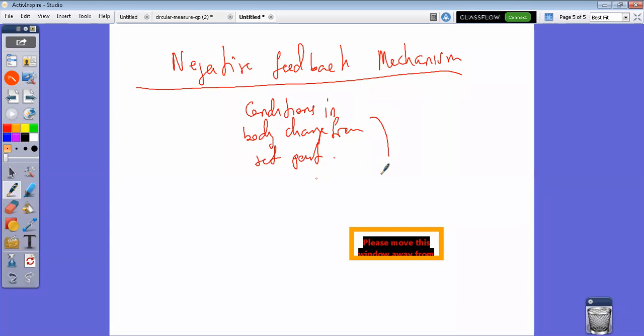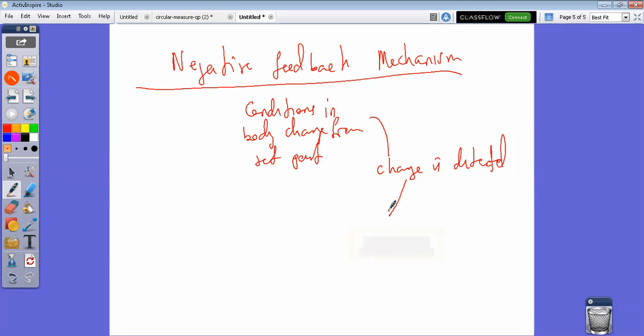Then the change is detected. Then when the change is detected, corrective mechanisms are implemented.